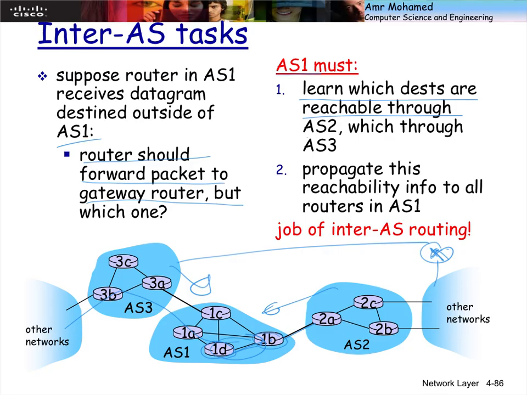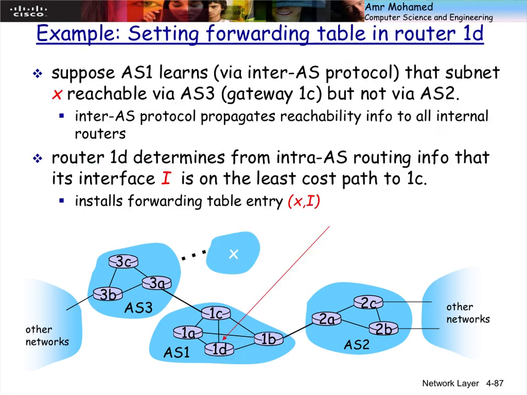Okay? So if it's reachable from one autonomous system, that's easy. I will forward it to the border gateway which is closer to this autonomous system, and off you go. That's it. I have no ambiguity. But if it's reachable from both, which is this example here.